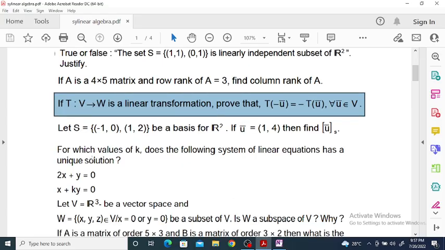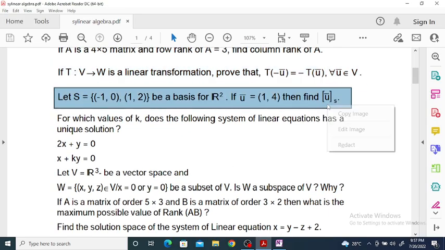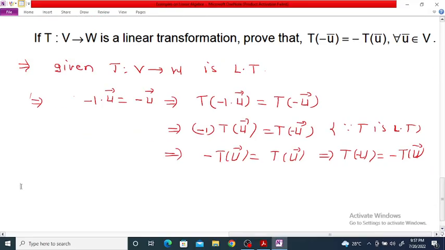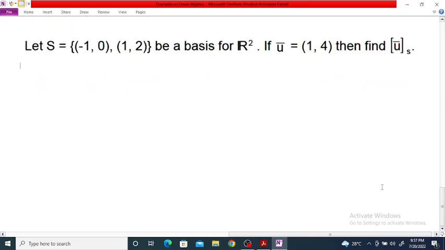Next example. Given S is a basis for R square, we want to determine the coordinate vector of U bar.